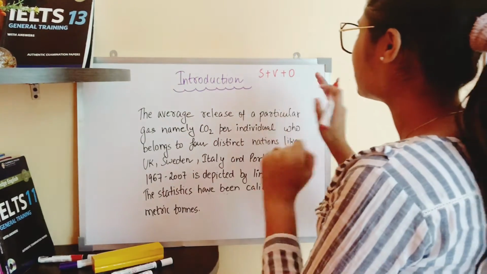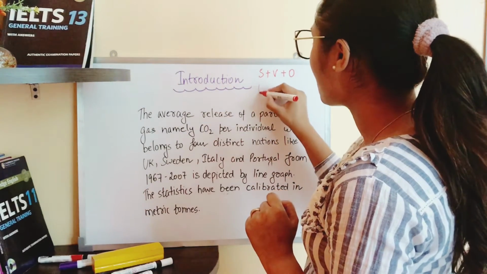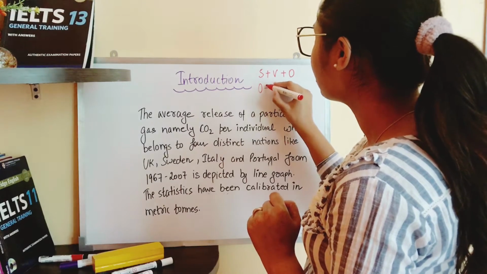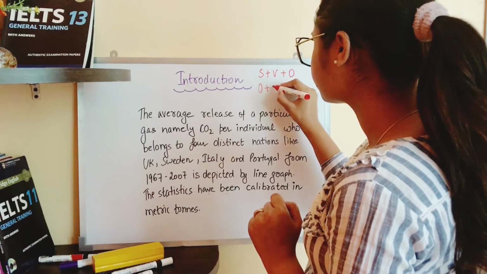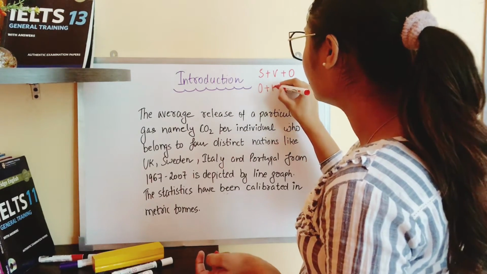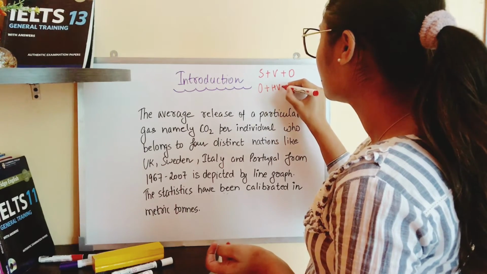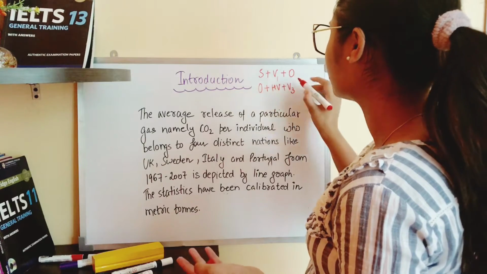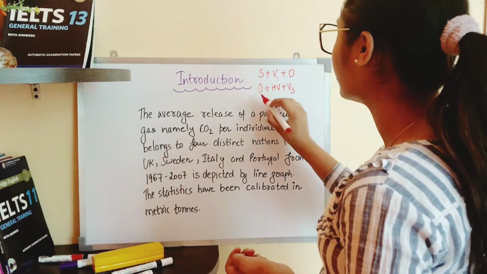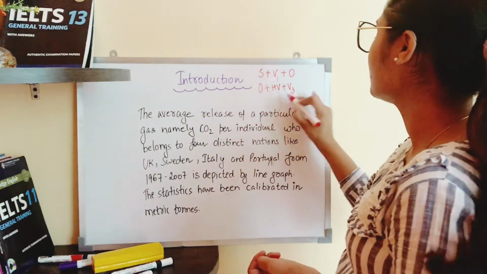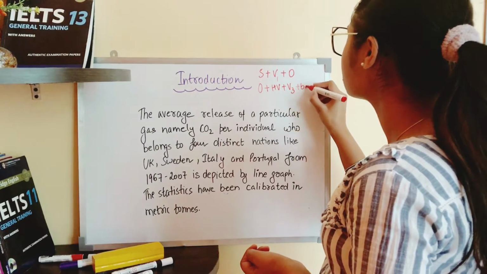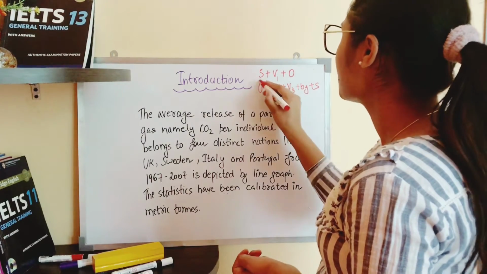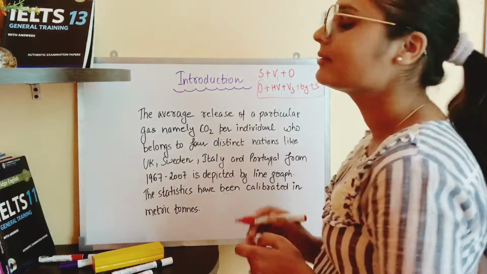But in passive sentence, what is there? Object plus helping verb plus verb third form. For example, in present indefinite, object, your helping verb, verb third form plus by plus subject. So here we would follow that rule.